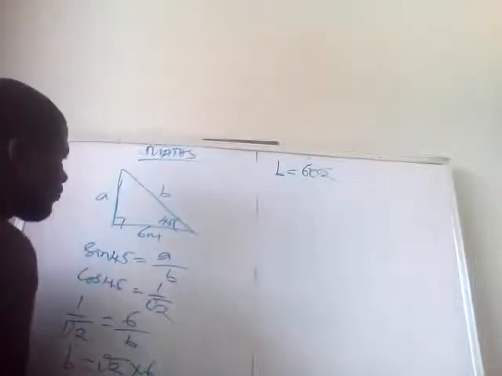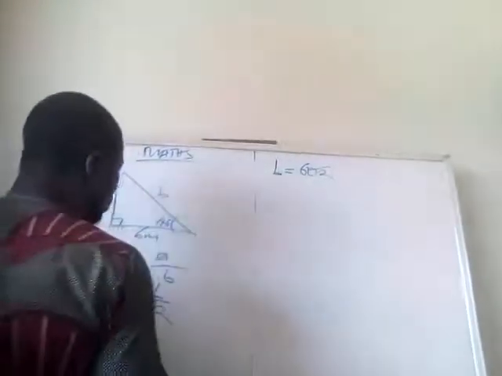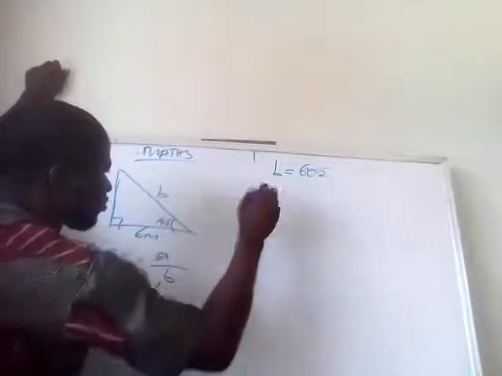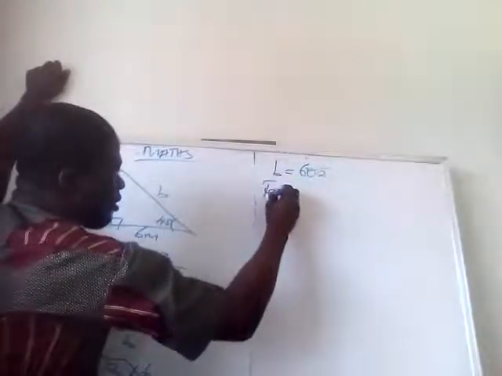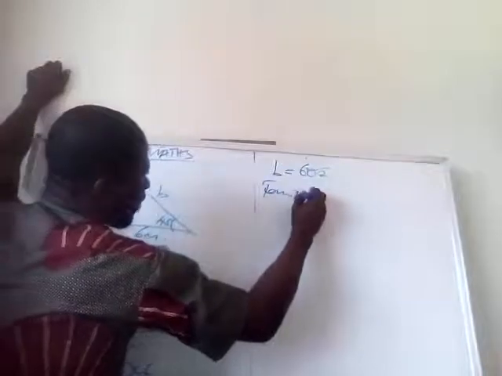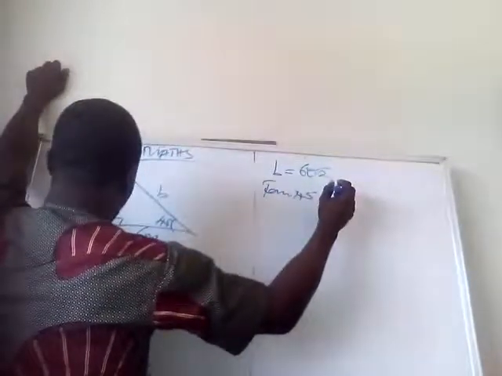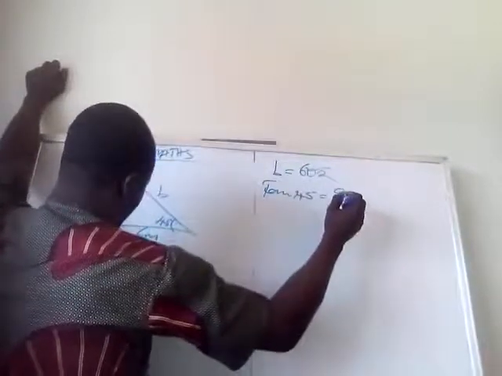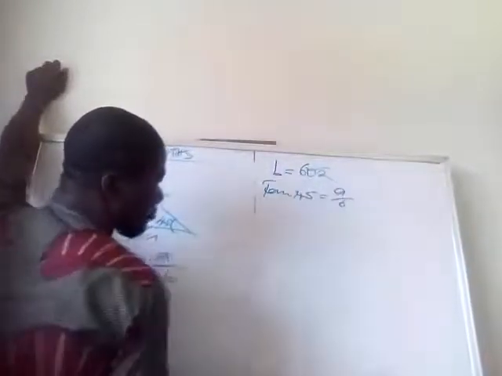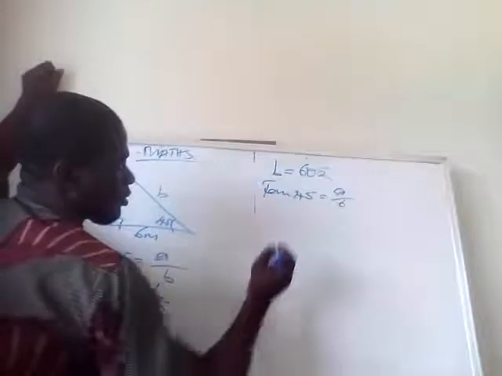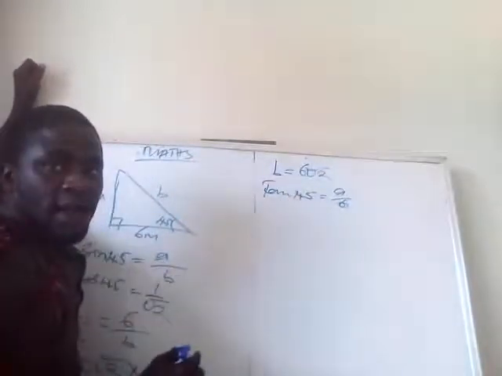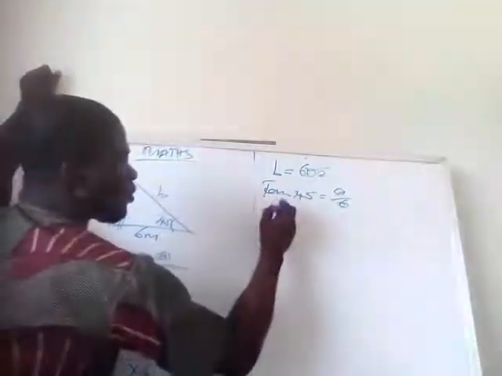Then for A, opposite over adjacent, let's use tan. Tan 45 is equal to A over 6. But you know that tan 45 is equal to 1.